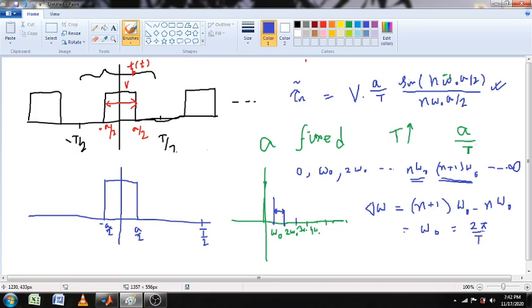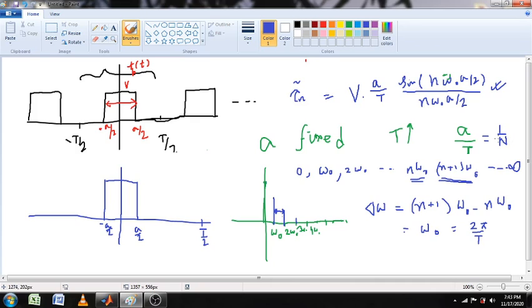Now we come to the point that omega naught is nothing but 2 pi by T, but here we said that a by T, this quantity, we are going to write as 1 by n, where n is the number that we wanted to vary, right? If we keep a fixed and keep on increasing the time period T like we said, then we are doing nothing but basically increasing n.